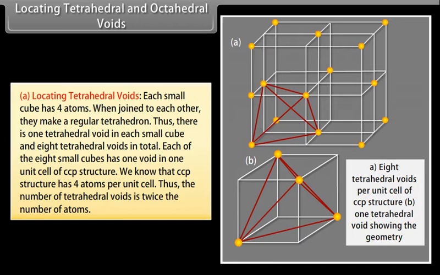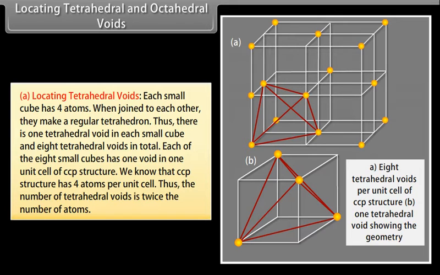When joined to each other, they make a regular tetrahedron. Thus, there is 1 tetrahedral void in each small cube and 8 tetrahedral voids in total. Each of the 8 small cubes has 1 void in 1 unit cell of CCP structure. We know that CCP structure has 4 atoms per unit cell.